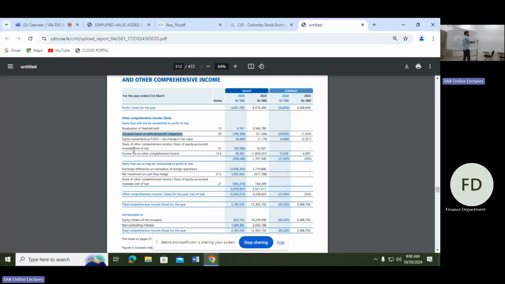So you can get a list and divide all those things.